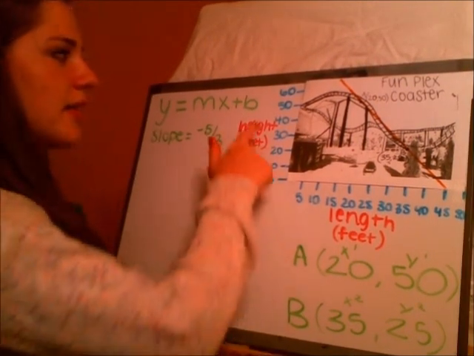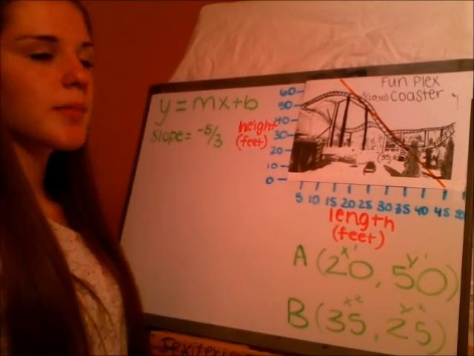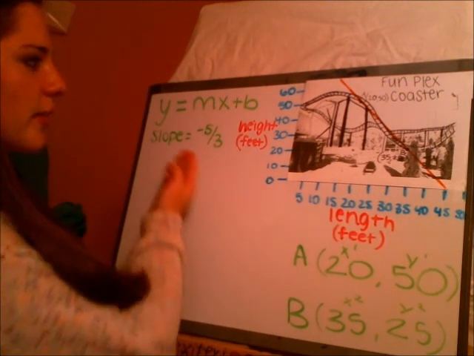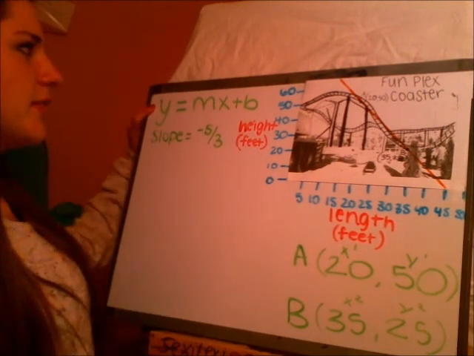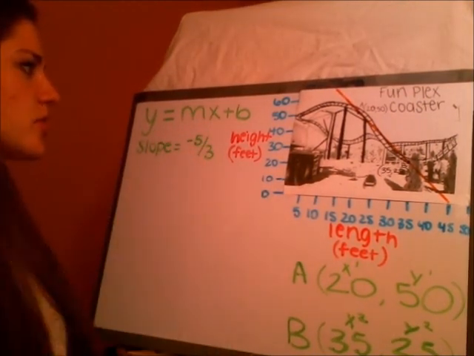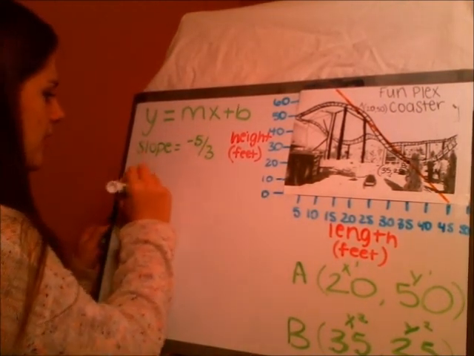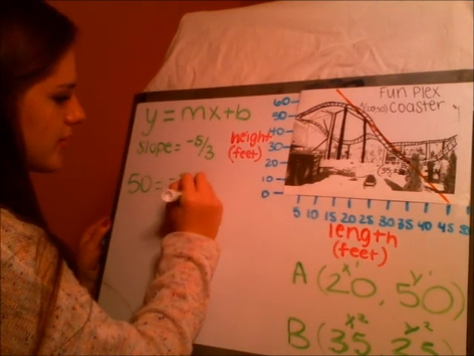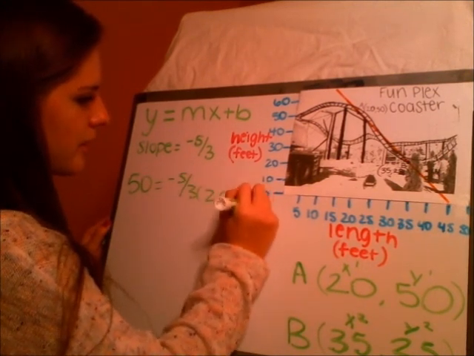The last thing we need to find is b, which is our y-intercept. Since we don't have that, we can plug the information we already have into this equation and solve for b. If you picked point A, it would look like this: 50 equals negative 5 thirds times 20 plus b.